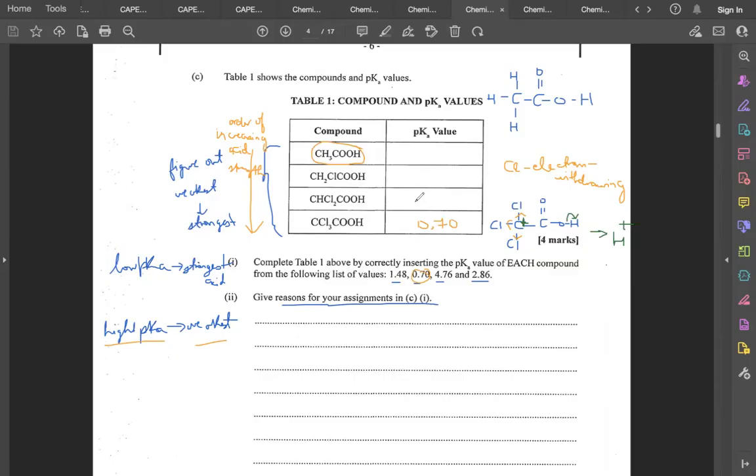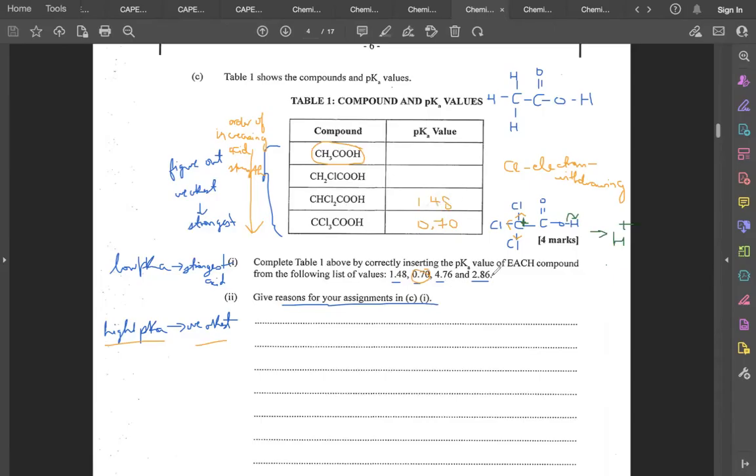And then this is my second strongest, so it has the second lowest pKa. This is my third strongest, so it's going to have the third lowest pKa. Wait, so this is my second lowest pKa, 1.48, and that's for this acid that's here.